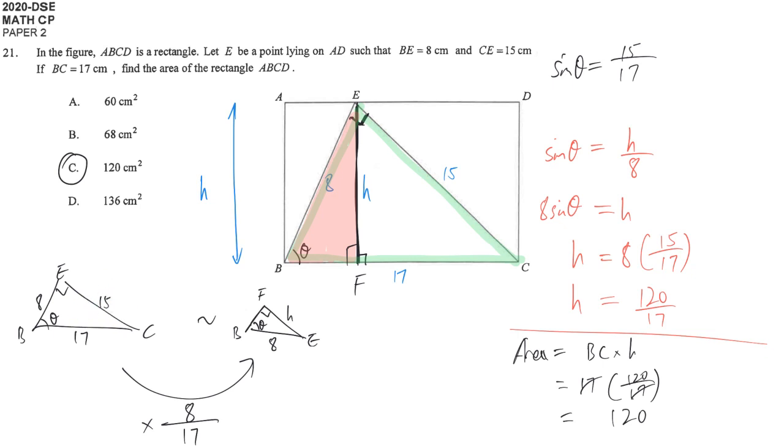For a similar reason, from 15, we divide by 17 and then times 8. So 15 multiplied by this factor will give you h. We get h is 120 divided by 17 directly. Then the following steps are the same. And basically, trigonometric ratio is an application of the similar triangle property.